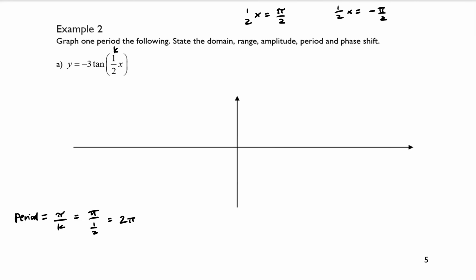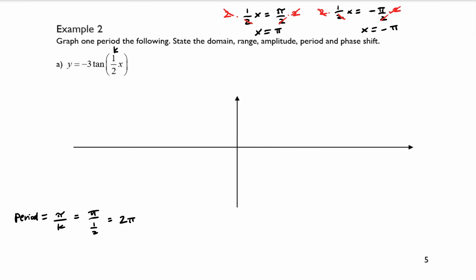So to solve for x, I can just multiply by 2 on both sides of the equation, and then those will cancel out. And so here we get x equals pi, and then same thing on this equation. I multiply both sides by 2, and we end up getting x equals negative pi.